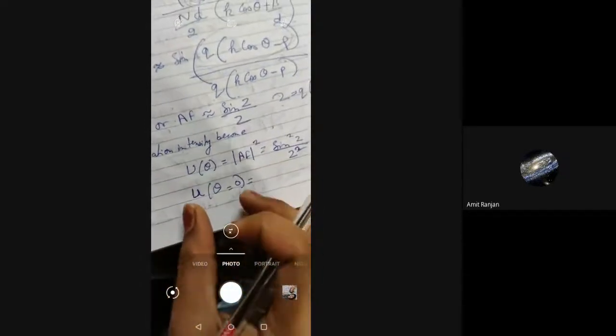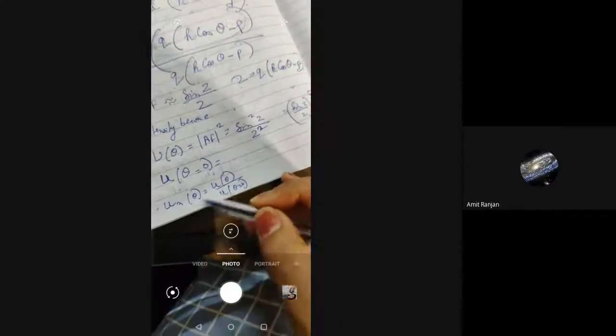Why are we writing this expression for U of theta equals 0? In order to get the radiation intensity for the n number of elements. We have to attach n elements to formulate the array. This is for one element, and for n elements the radiation intensity will be U n of theta equals U of theta divided by U of theta equals 0.